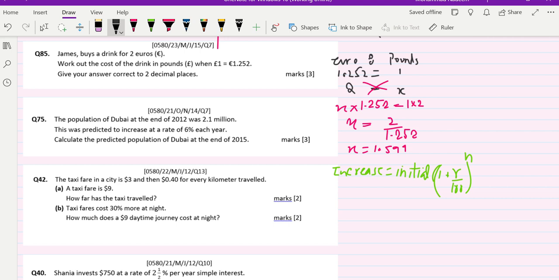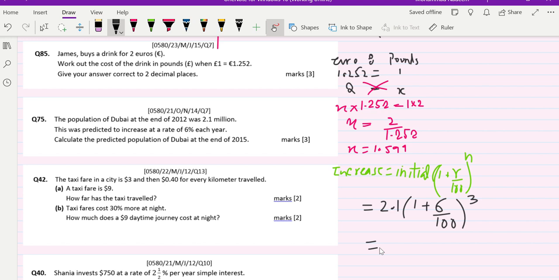Initial value in 2012 was 2.1 million. So write 2.1 into 1 plus rate of increase is 6 over 100, and they are demanding the value of population in 2015. So the time period from 2012 to 2015 is 3 years. So the power will be 3.